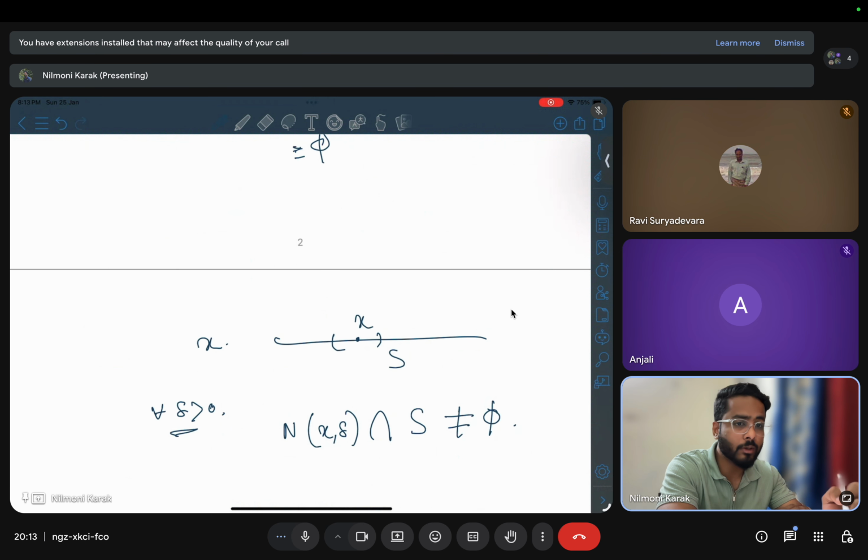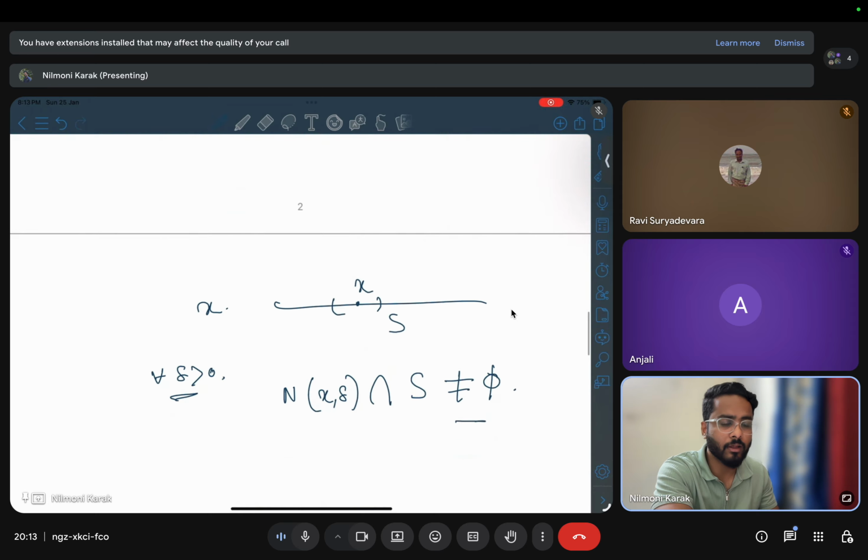So delta you can construct sometimes as 1 by n, then the intersection should be phi for any point in S. If you take any point from S, then you will get a delta neighborhood so that this neighborhood's intersection with S is phi.